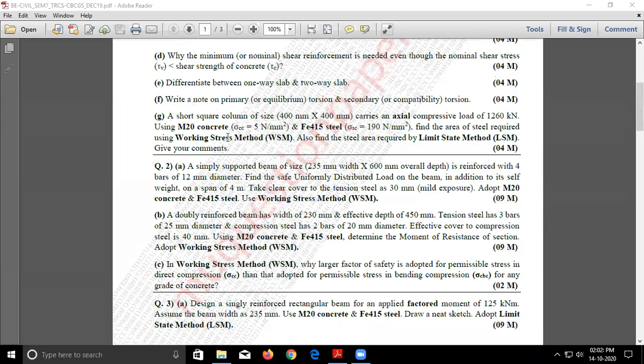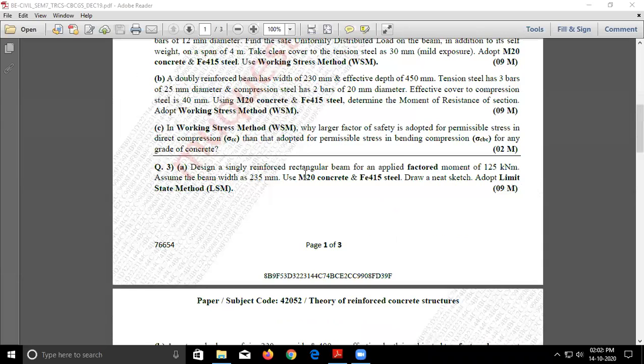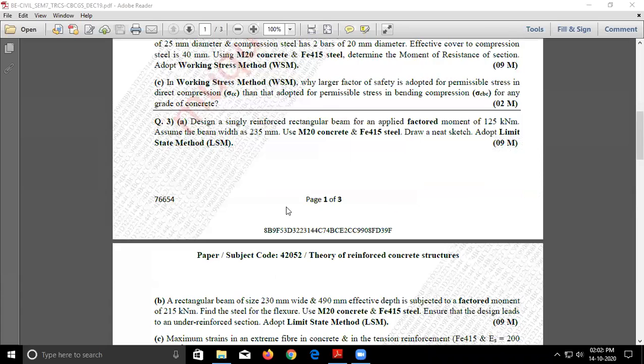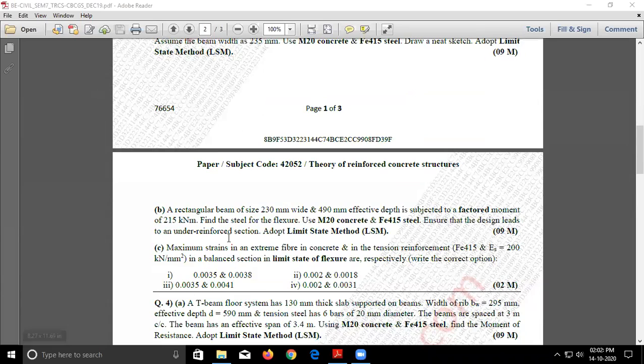Question 1 and question 2 are all WSM. From question 3, see: design a singly reinforced beam, this is singly reinforced. Look at the second question: a rectangular beam of size is given, factored moment is this, find the steel for flexure, ensure that the design leads to an under reinforced section, adopt limit state method. Can you solve this? What do you think, which type of question will this be?